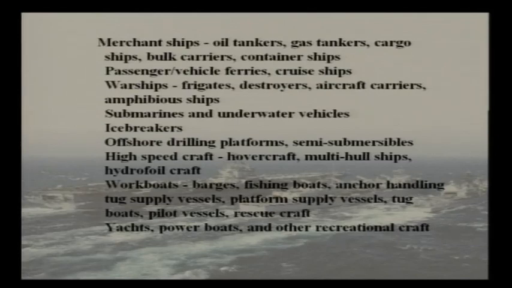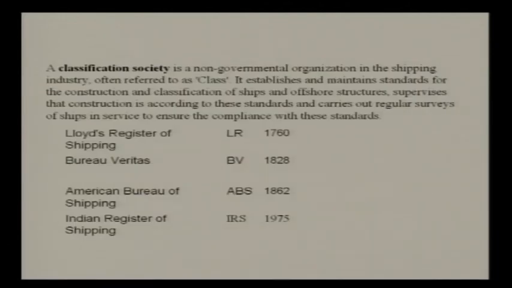In general, the main ones you deal with are the cargo ships, bulk carriers and oil tankers. These are the ones you will be mostly dealing with in your design and in all your studies. Of course, then high speed craft, slightly different set of hydrodynamics completely for that. So these are broadly the different categories of ships, and some more. This is just some information for you about naval architecture.